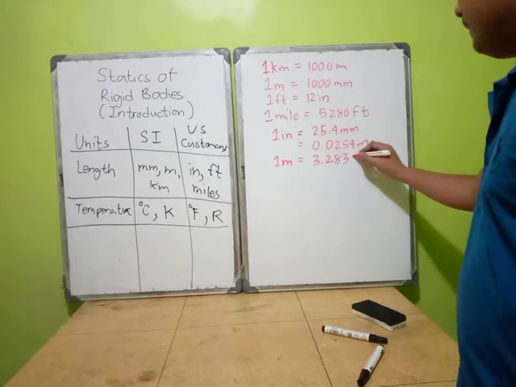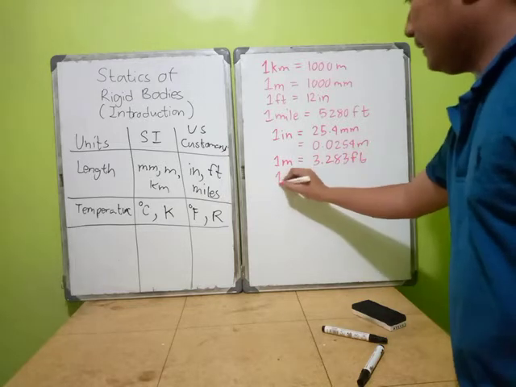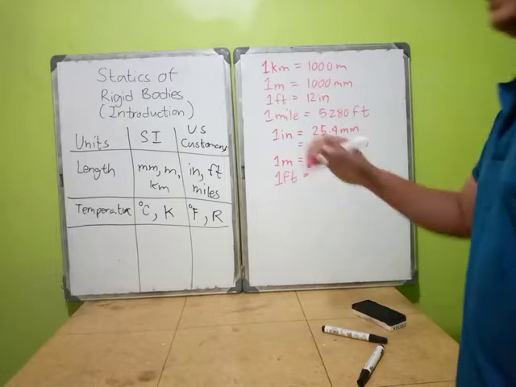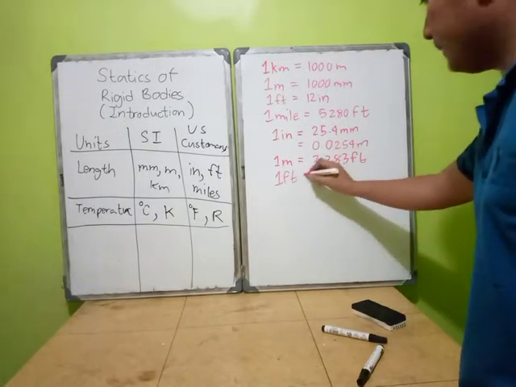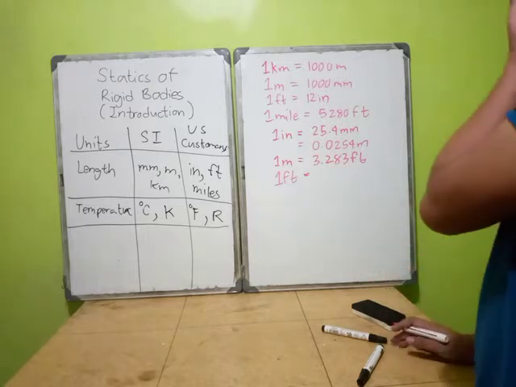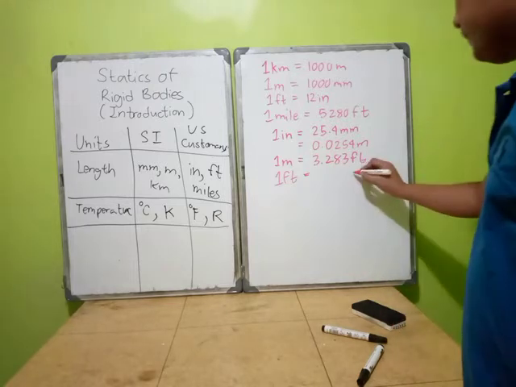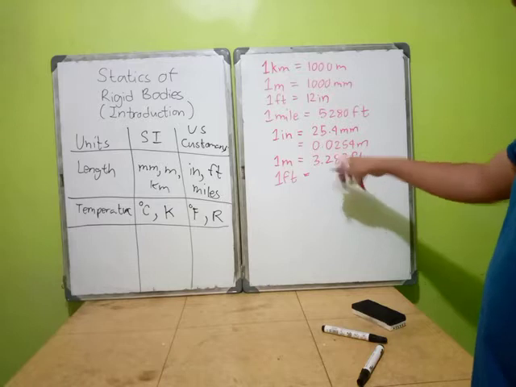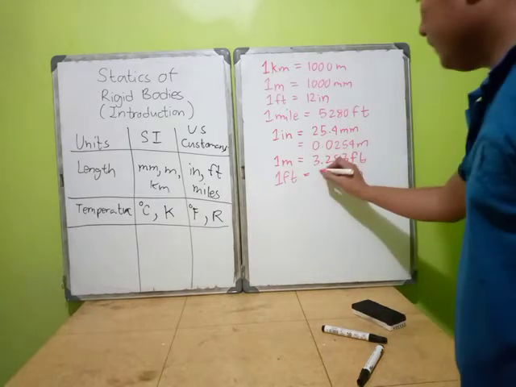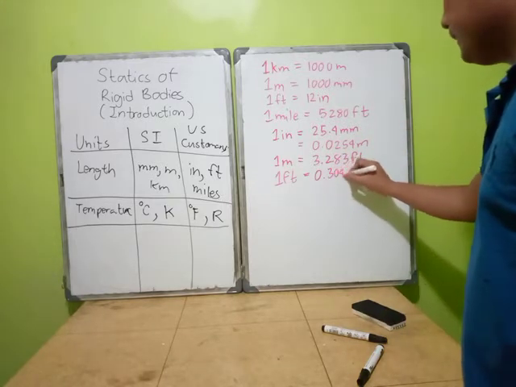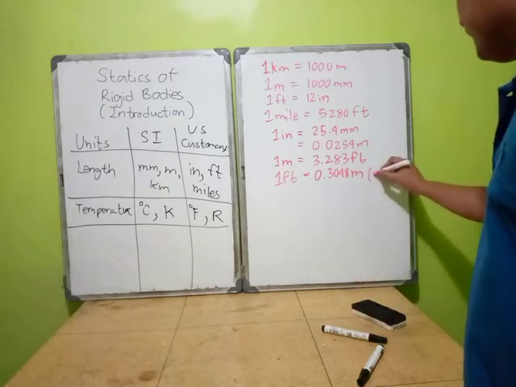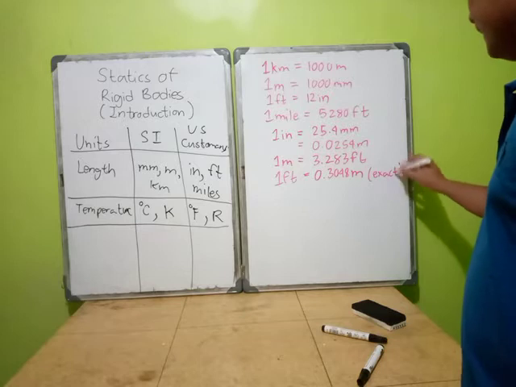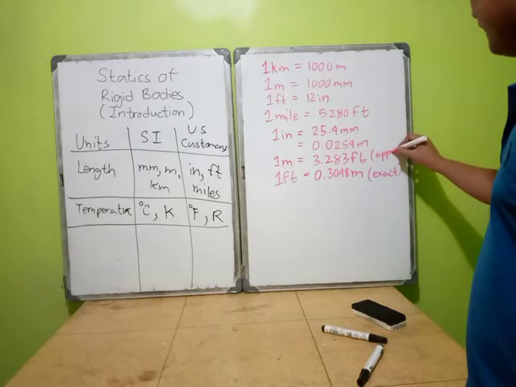I stand corrected: your 1 foot is equivalent, in terms of meters, to 0.3048 meters. This is exact, and the other is approximate.